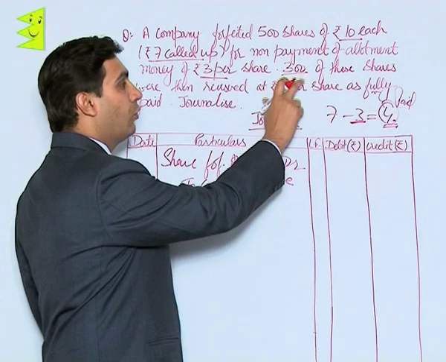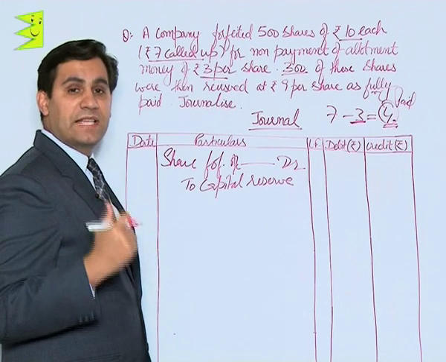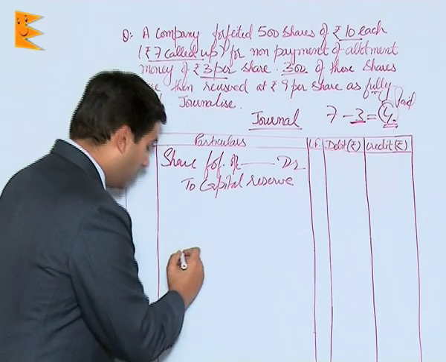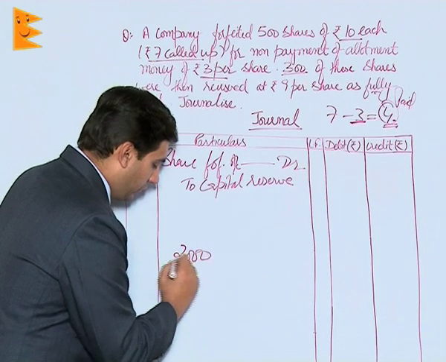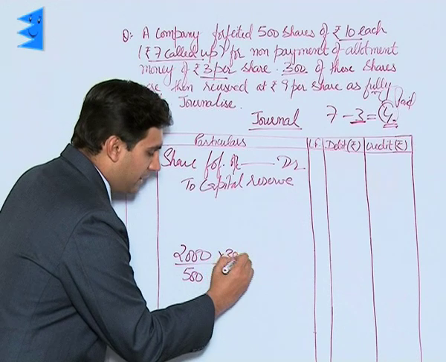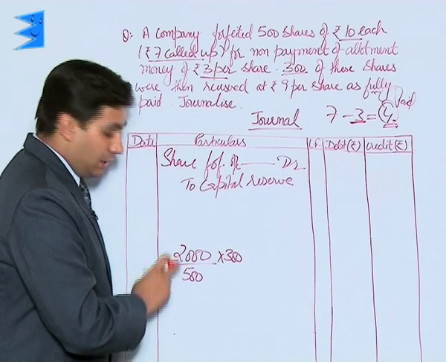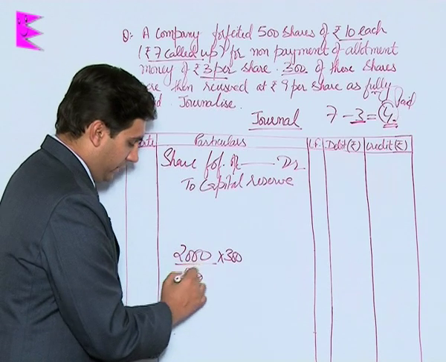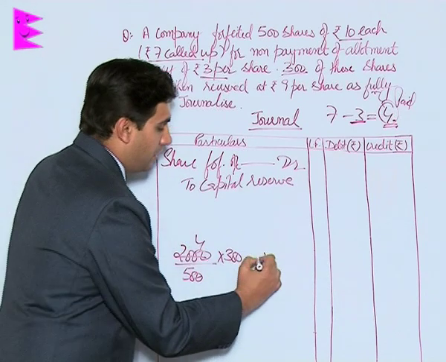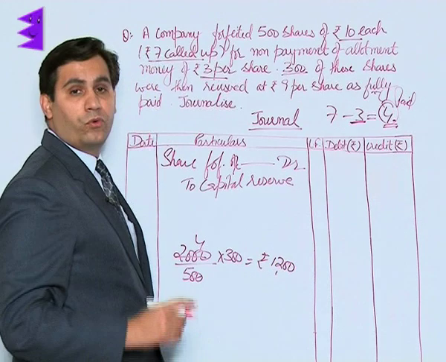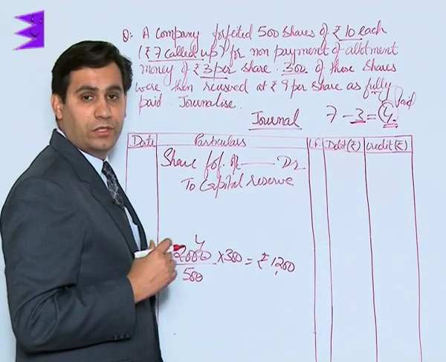But we have reissued only 300 shares. So let us calculate the proportionate amount for these 300 shares. 2000 was the amount that we had received for 500. So the proportionate amount can be calculated by unitary method as 2000 divided by 500 into 300. That means 1200 rupees.